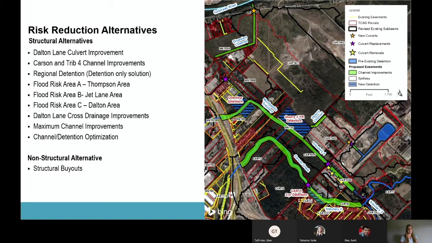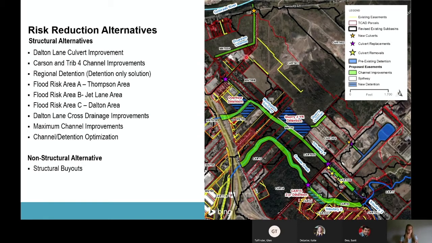In previous studies, they had hypothesized that this area was having some local drainage issues, the ditches weren't big enough, this channel wasn't big enough, the driveway culverts were adding to the flooding. And while that is true, during our 2D study, we were able to show that there was a ton of water just overflowing out of Montopolis tributary this way.